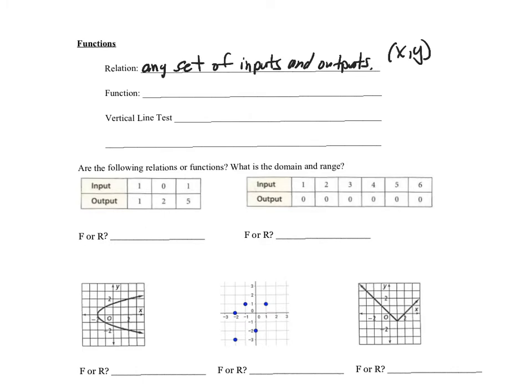A function is a very specific type of relation. So it's a relation where each input has only one output.